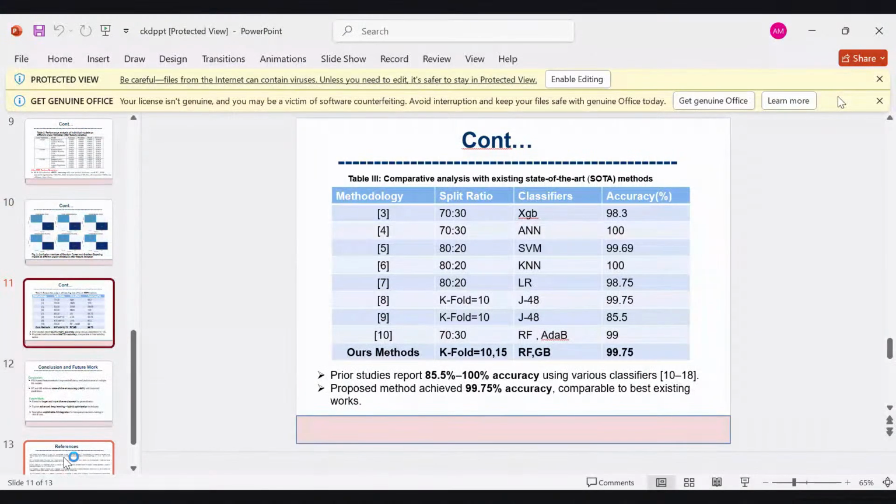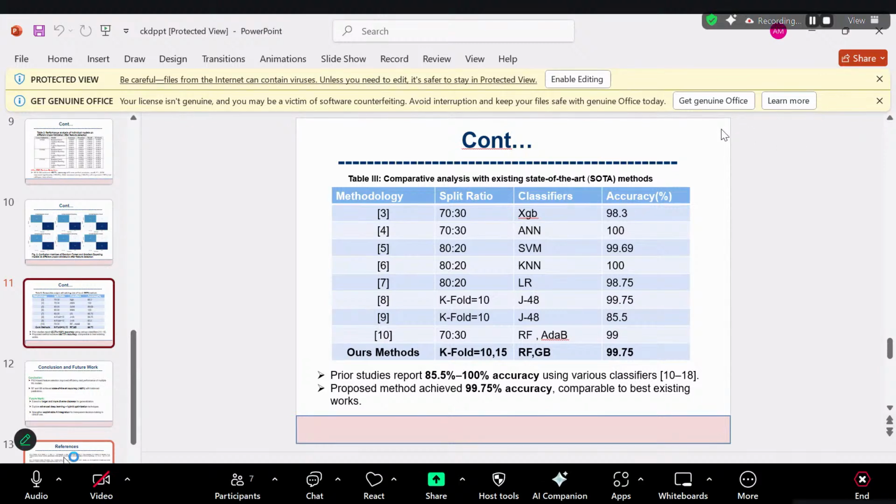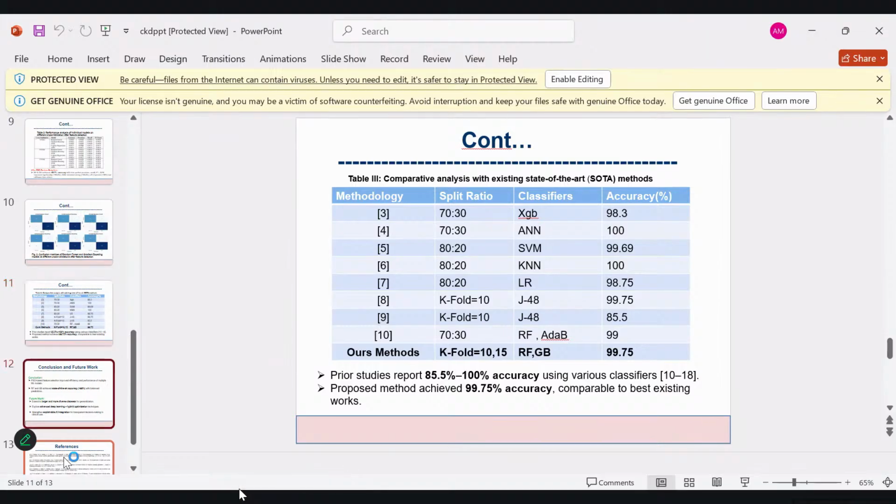Prior studies only reported 85 to 100% accuracy using various classifiers. Our method showed nearly 99.75% accuracy and was really the best out of all methods till today.